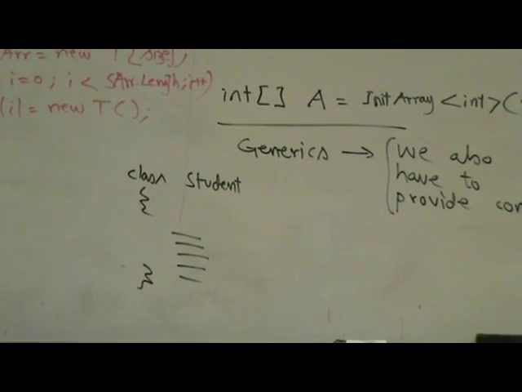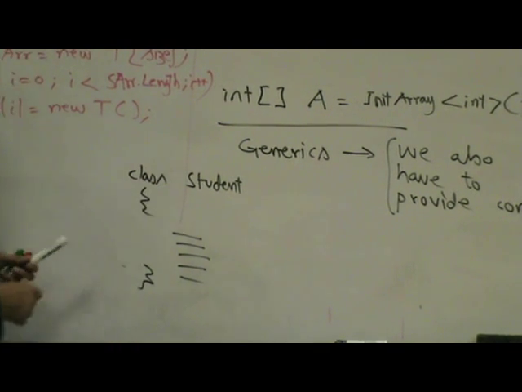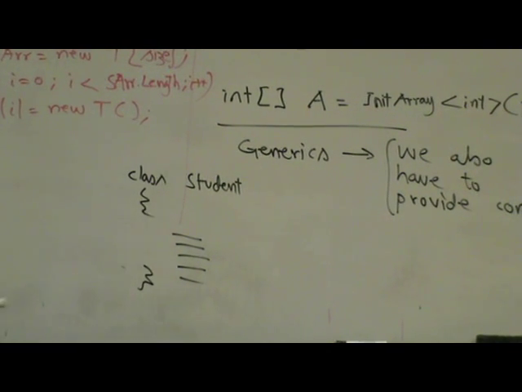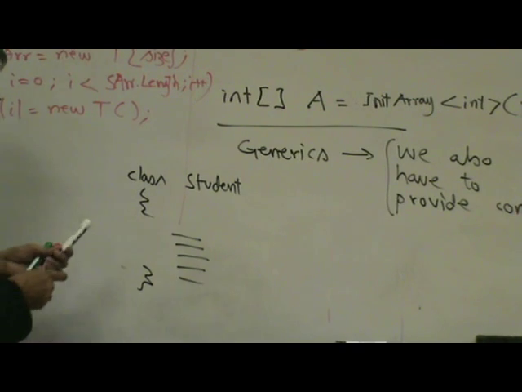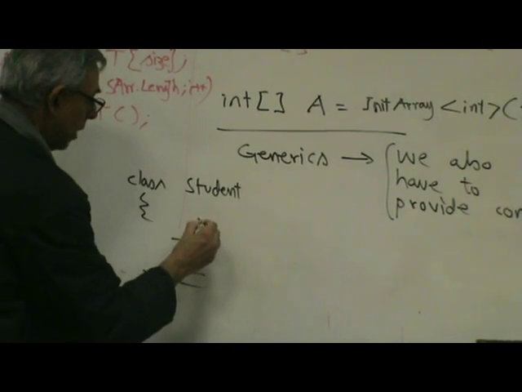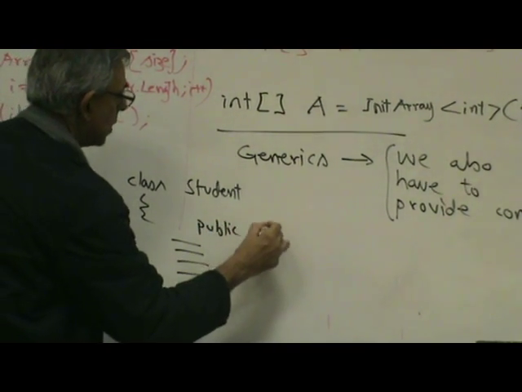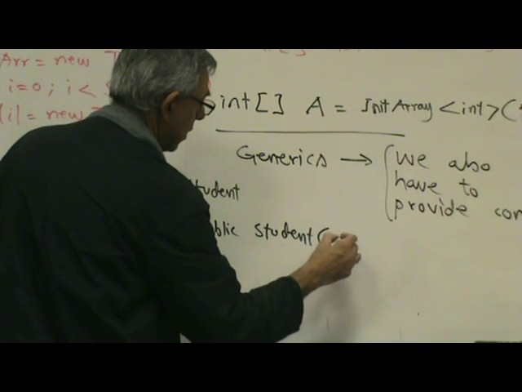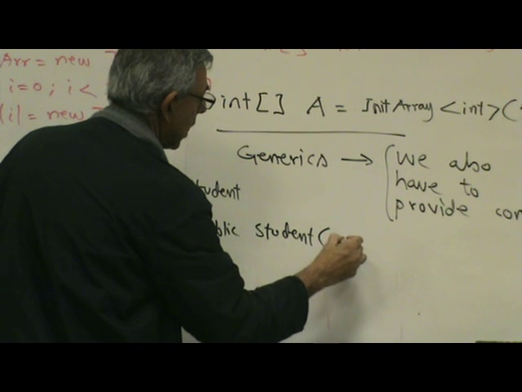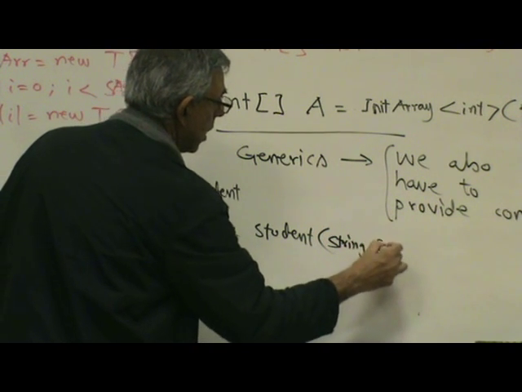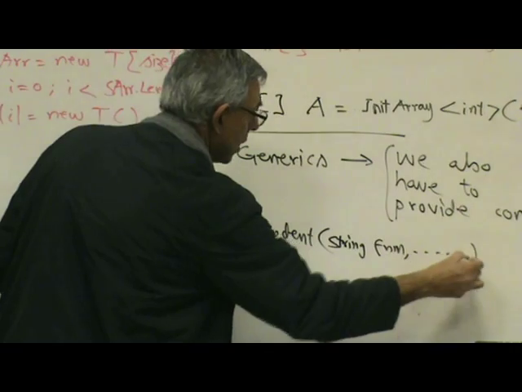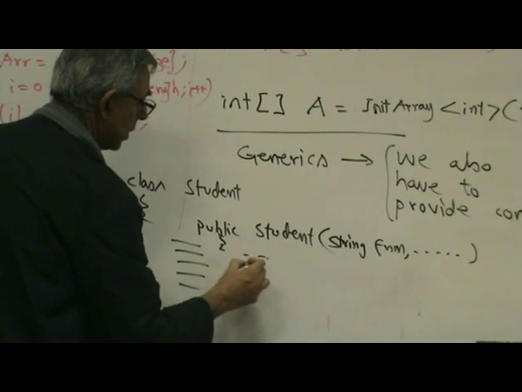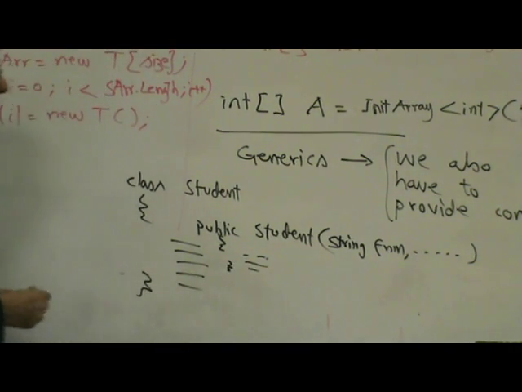Okay. What if now you created the Student class and you provided a constructor, let's say public Student, with string FNM and so on, and you initialize the 5 fields over here, right?